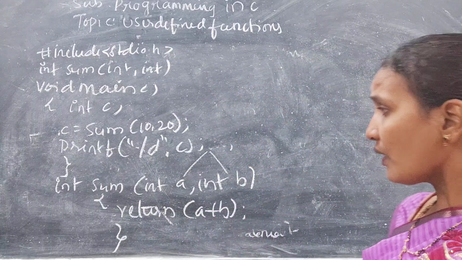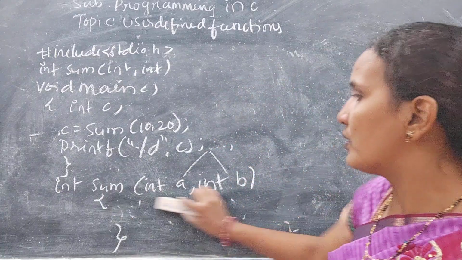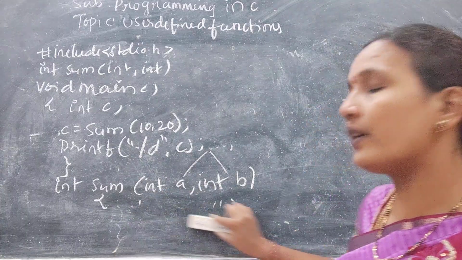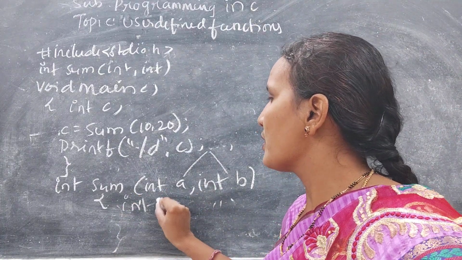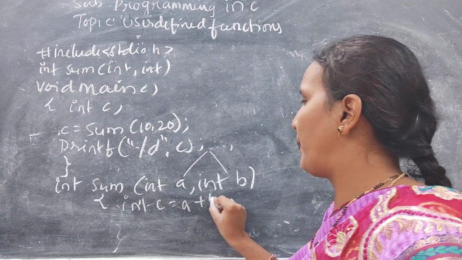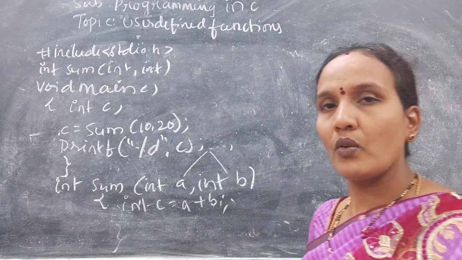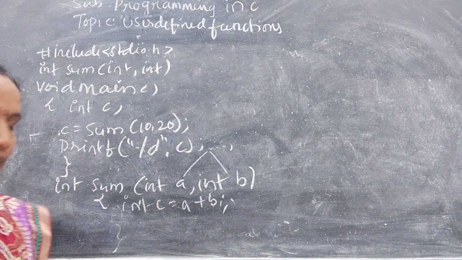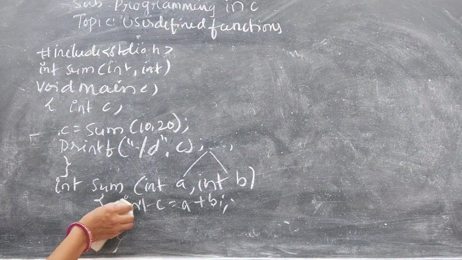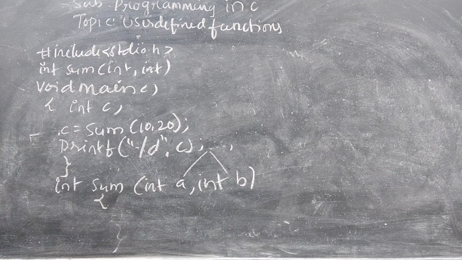So here, instead of this return statement, you can write the printf statement. Here I am giving int c equals to a plus b. Or directly you can write in the printf statement only. No need to take one more local variable.